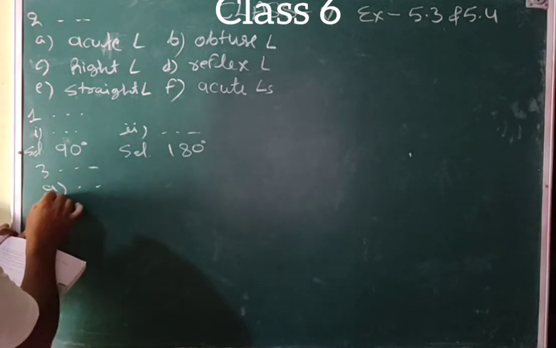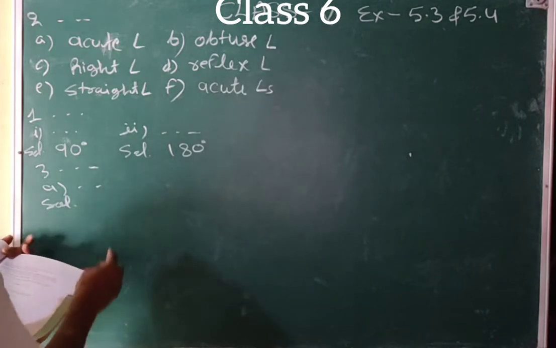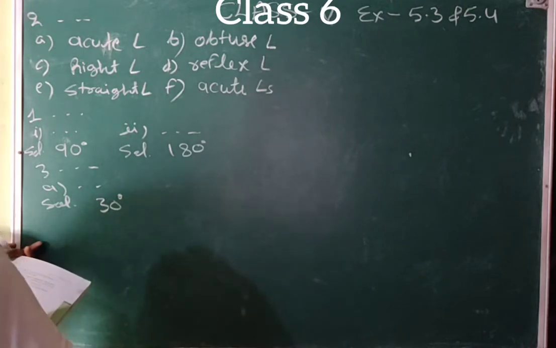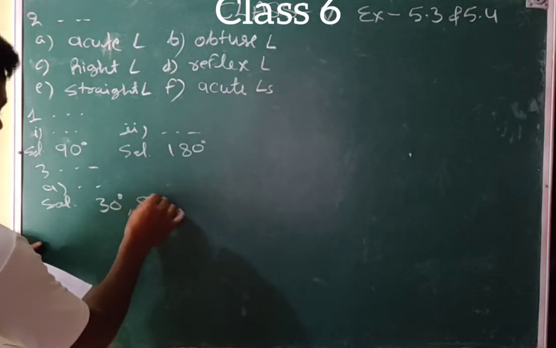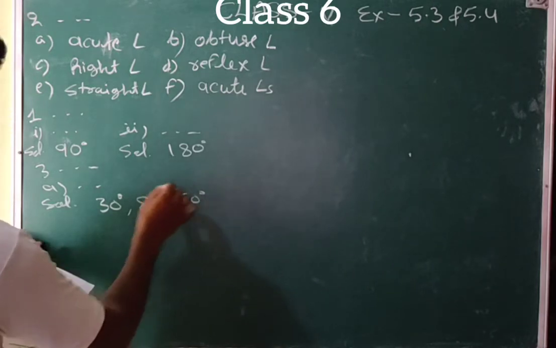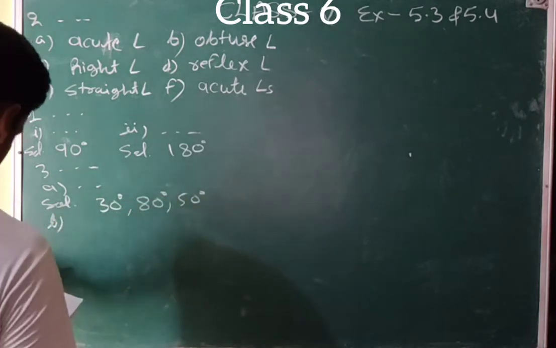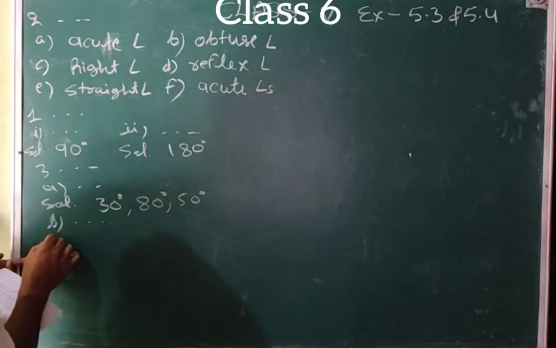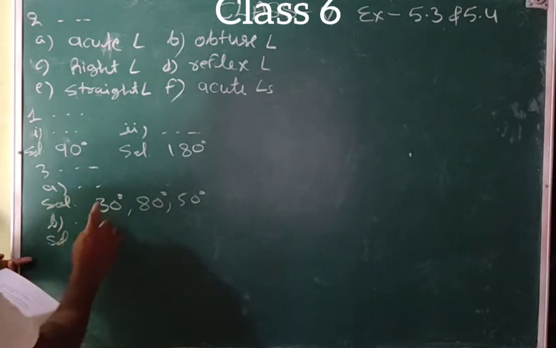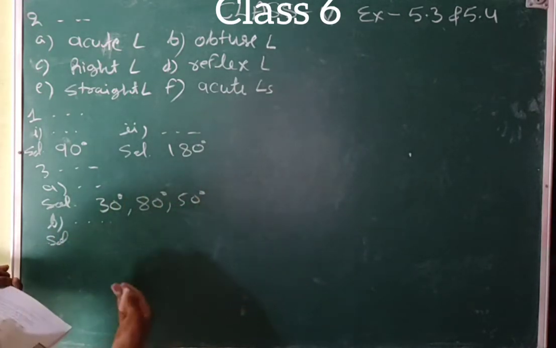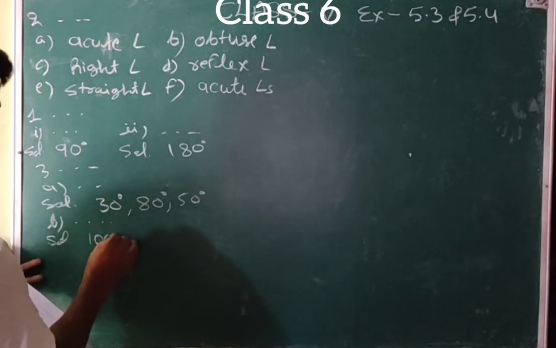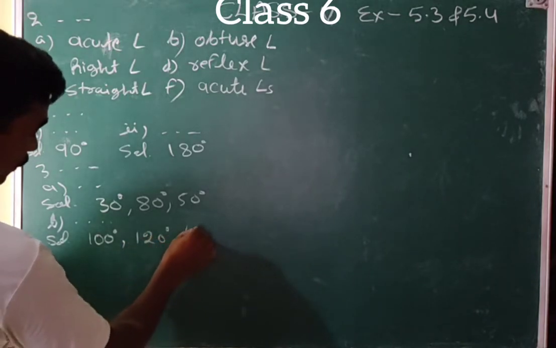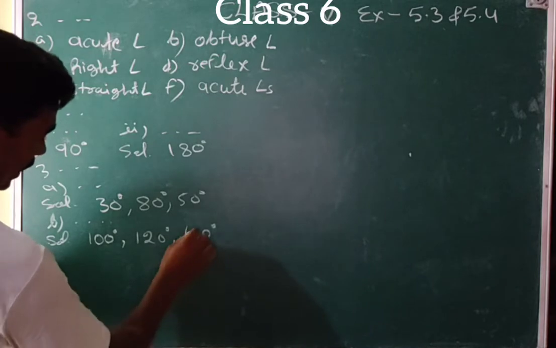A part, solution, some acute angle, that means we can write 30 degrees, it means less than 90 degrees, you can write 80 degrees, 50 degrees, etc. B part, some obtuse angle, it means more than 90 degrees and less than 180 degrees, so you can write 100 degrees, then 120 degrees, then 160 degrees also, 150 is better, 160 also.